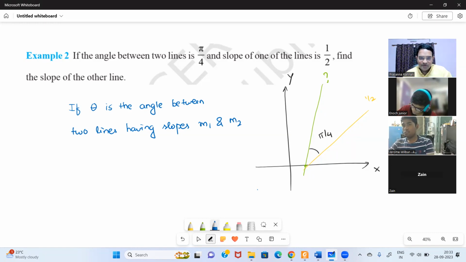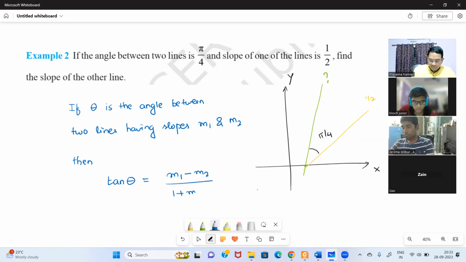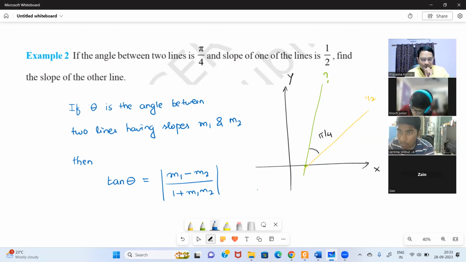If theta is the angle between the two lines having slopes m1 and m2, then tan of the angle theta will be equal to m1 minus m2 divided by 1 plus m1 m2 within modulus. We can take this down. Okay, done.